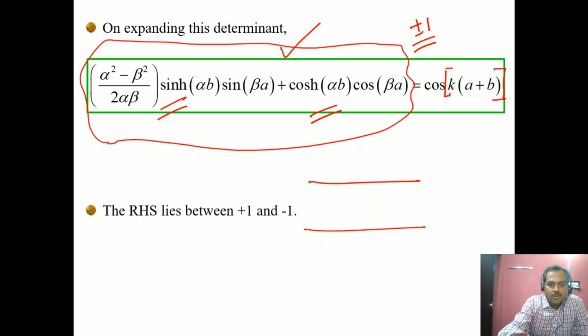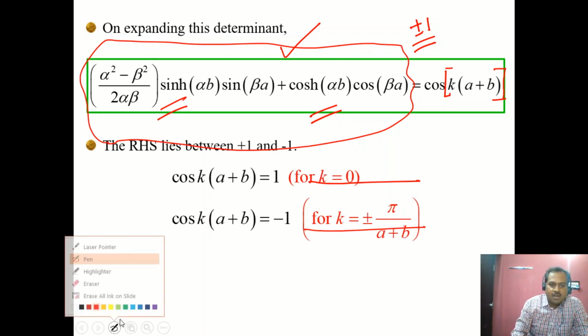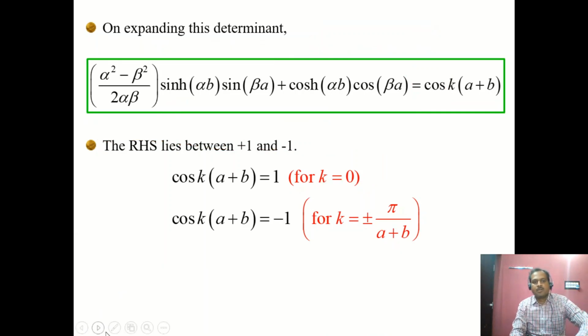Now let us look into it a little bit more closely under certain extreme approximations. As I told, the right hand side is going to lie between plus 1 and minus 1. When it is plus 1, that means cos k into a plus b is equal to 1, that means k is equal to 0. And when it is minus 1, k will be equal to plus minus pi by a plus b.